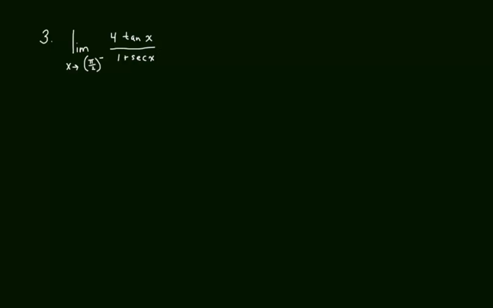So I'm going to plug pi over 2 into tangent, and a working knowledge of some of these trigonometric functions is absolutely crucial. So let's come over here and take a look at the tangent function. We know something is special happening at pi over 2. So the tangent function will come down like this.